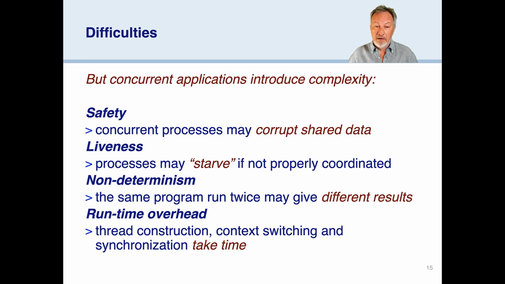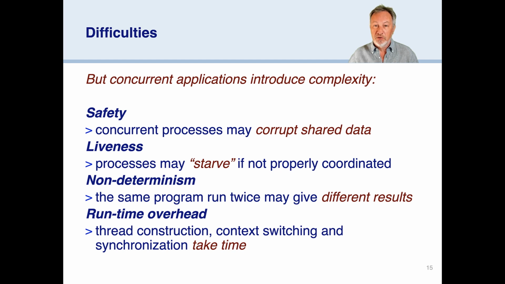Liveness, on the other hand, has to do with making sure that all of these concurrent competing processes, if they are being synchronized in some way, end up being able to all make progress. Particularly, we don't want some of these processes to end up starving because they can never get access to the resources that they need.